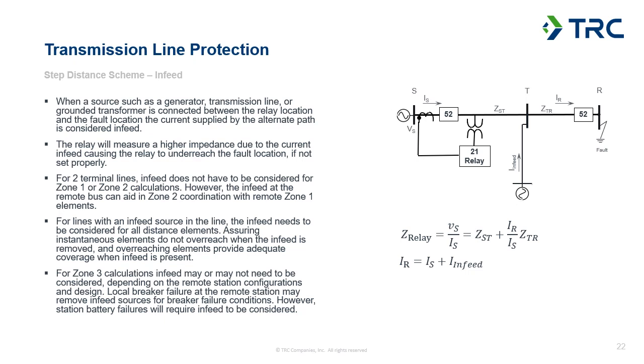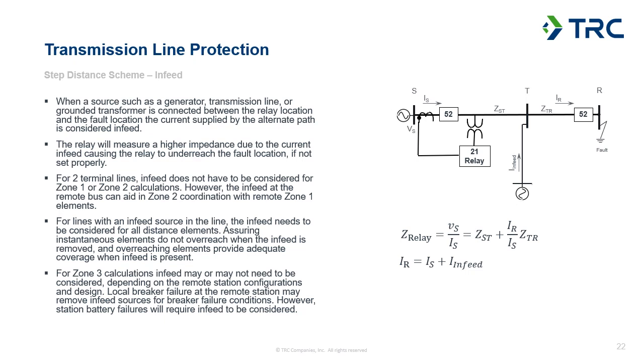So really, we're again looking at the same stuff. We want to make sure for all expected operating modes, our zone 1 element is underreaching the remote bus, and for all expected operating modes, the zone 2 element is overreaching the remote bus. And that ensures that the whole line is protected for either of those conditions.